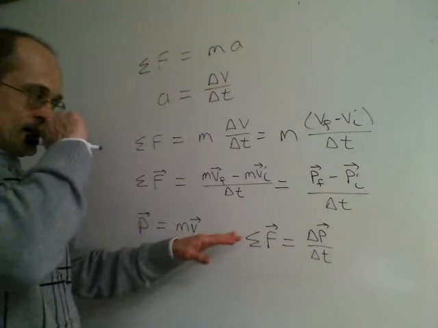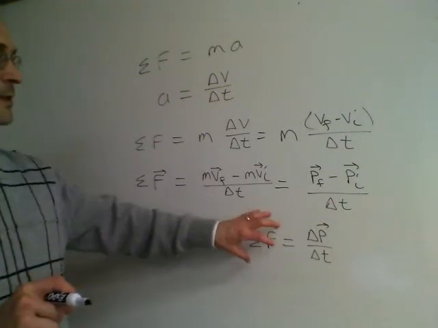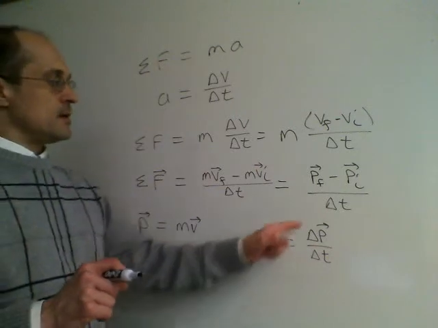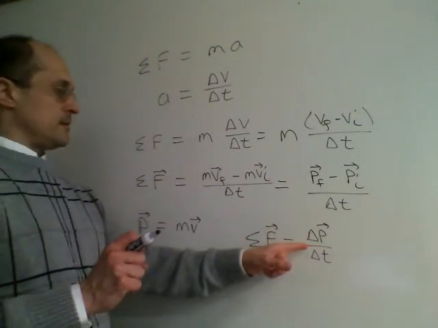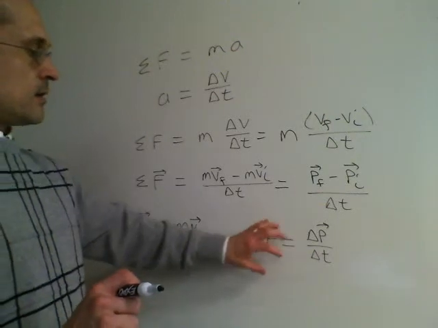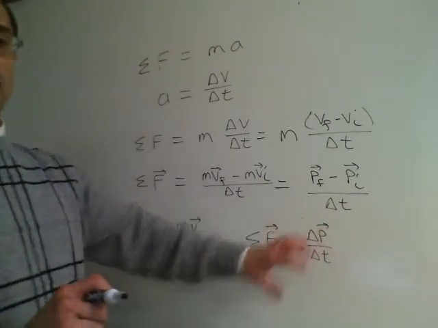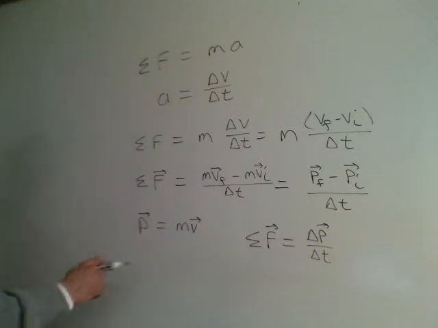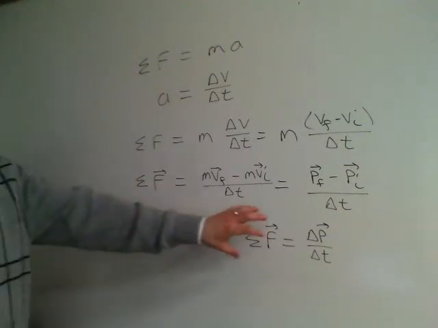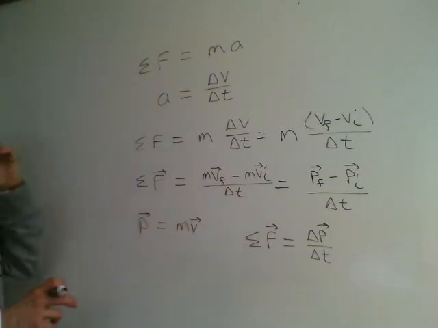So we can think of Newton's second law as also telling us that the forces acting on an object change the object's momentum. If you have forces, you have some rate of change in your momentum. This is a byproduct of another way of looking at Newton's second law.